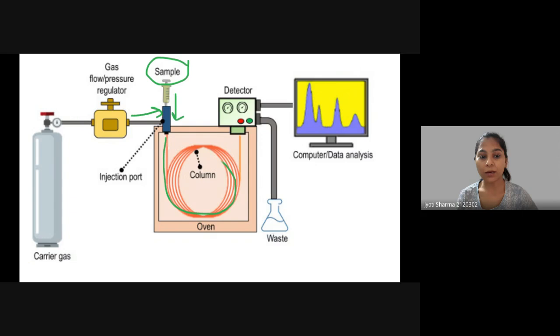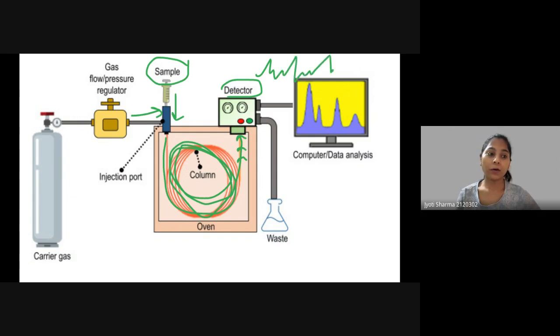It goes into this column, and then based on which one is going first, or second, or third, a detector will detect and give you a signal. Time to time it will give you the signal, and that's how we try to know what chemical we are talking about. This is gas chromatography.